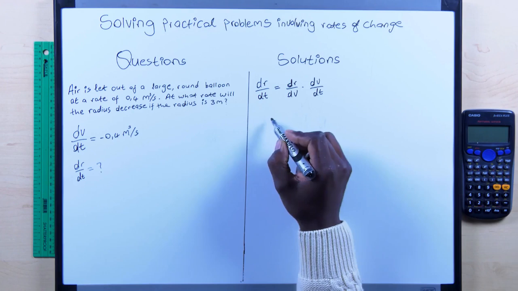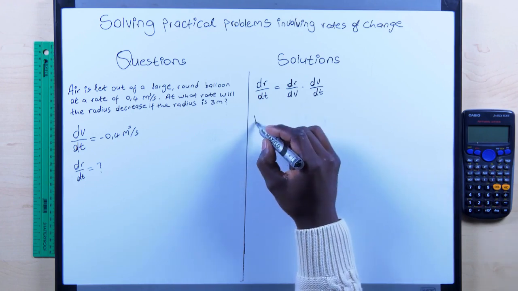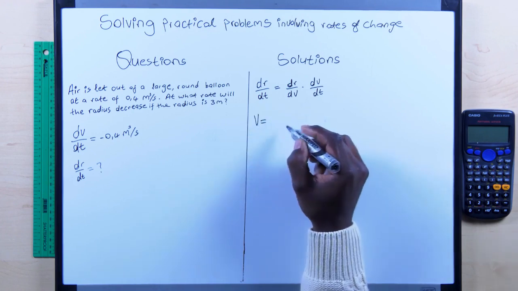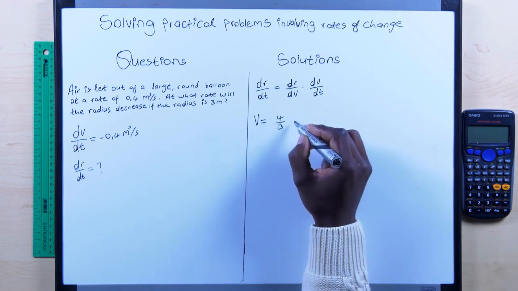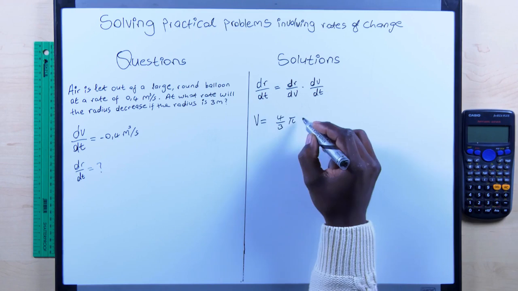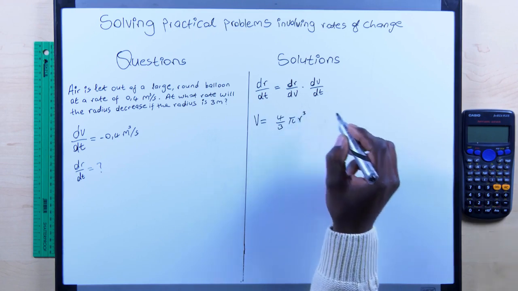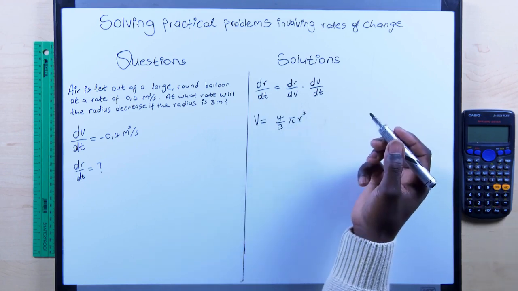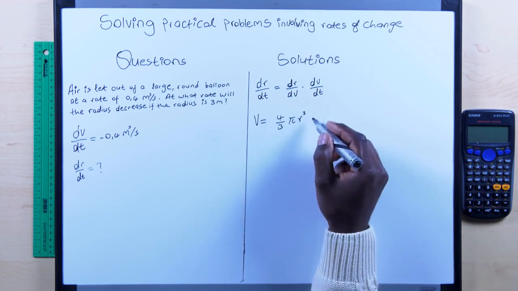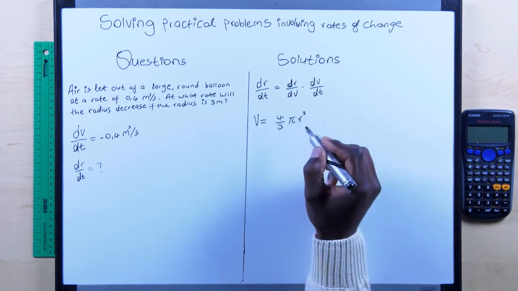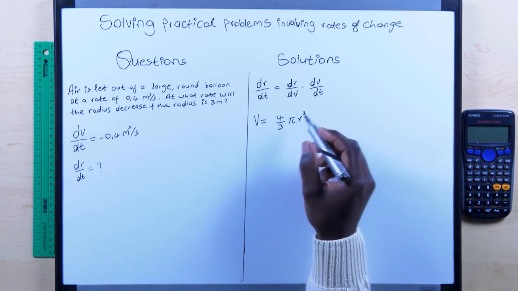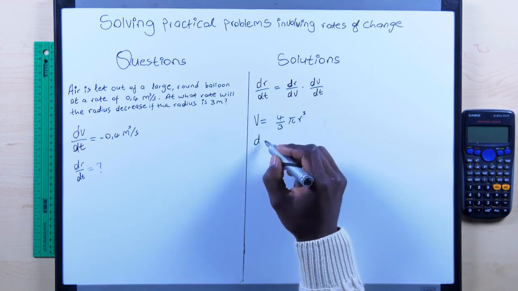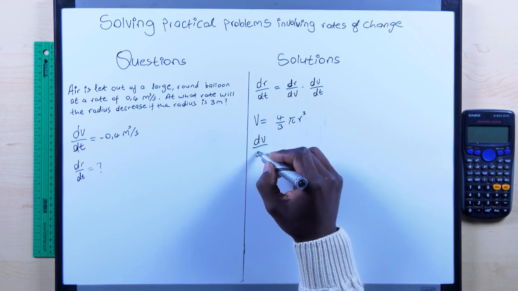Now let's find the first one, which is our volume. Our volume is a spherical shape, so we're looking at a sphere: 4 over 3 pi r cubed. That's our formula. Then we must differentiate this. So we're going to get dV/dr. We find the derivative of this volume with respect to radius.